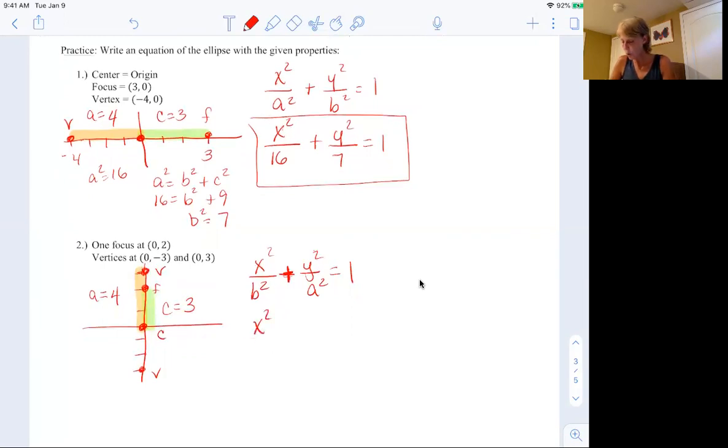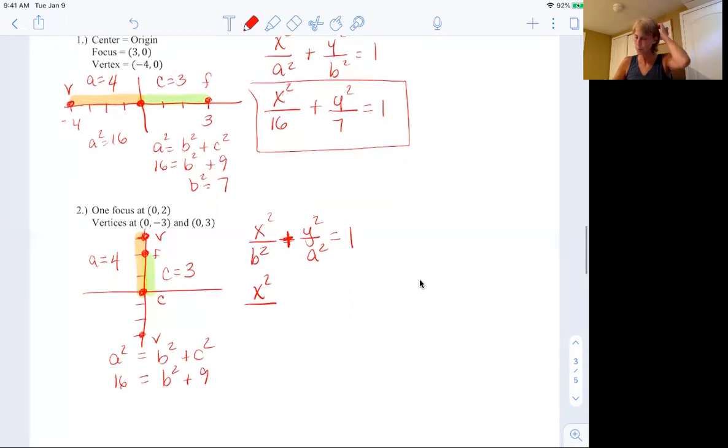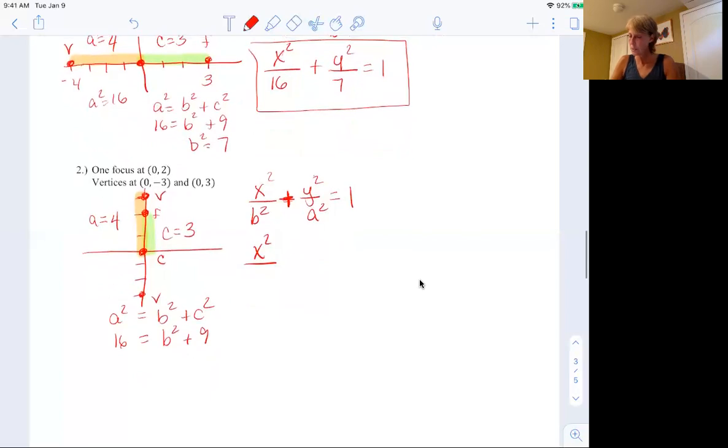X squared over b squared. I don't know what b squared is, but if I know a and c, I sure know I can find b. 16 equals b squared plus 9. Oh, I did something wrong. Of course, I counted boxes stupidly.